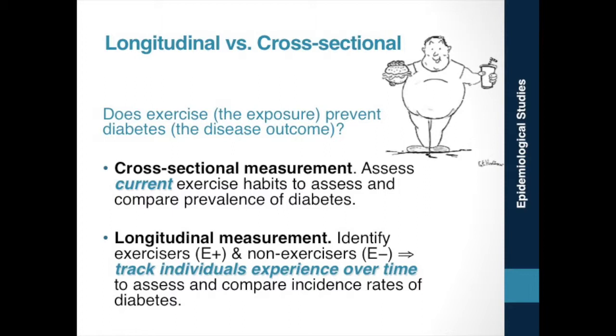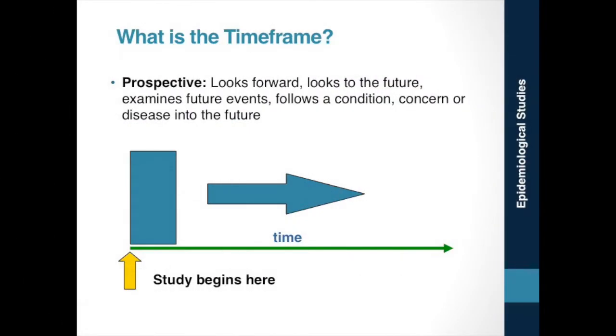Epidemiological studies also depend on the direction in which exposure and outcome data is collected. For example, you can obtain a snapshot of the exercise habits of a group and compare this with the prevalence of diabetes. Or you can conduct a longitudinal evaluation and track over time the incidence of diabetes in groups of exercisers versus non-exercisers. In a prospective study, you start with cohorts of individuals and look forward over time until the event occurs.